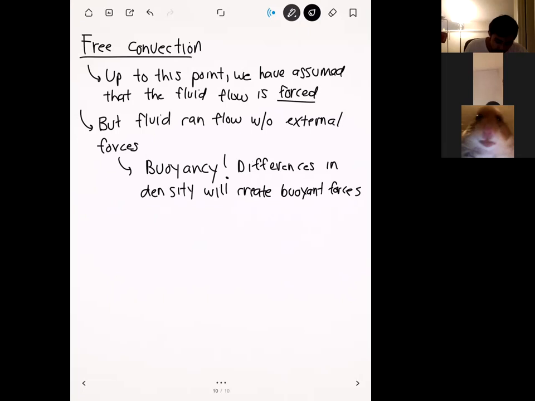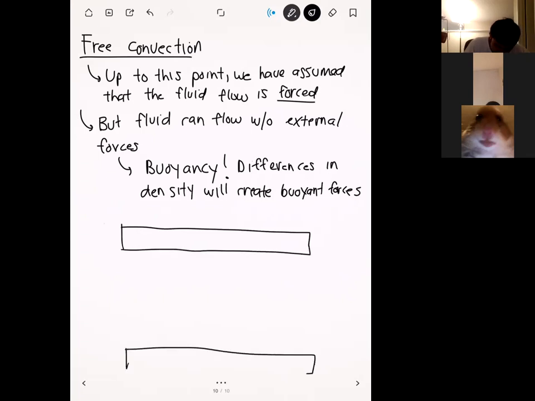Let's consider a situation like this. Okay, so I'm going to make a sandwich. Let's say that on the bottom here we have fluid that's less dense. And on the top here, let's say that we have fluid that's more dense.